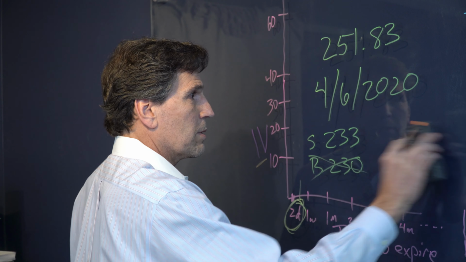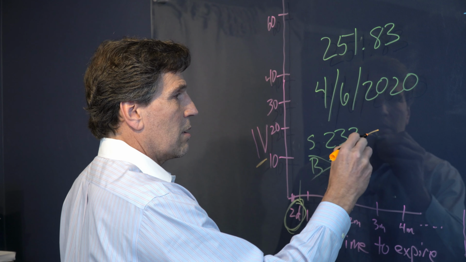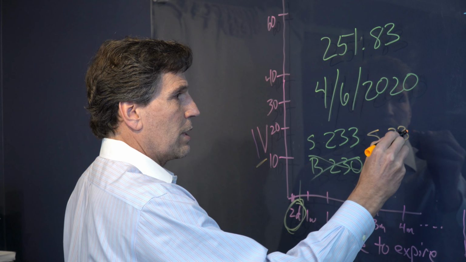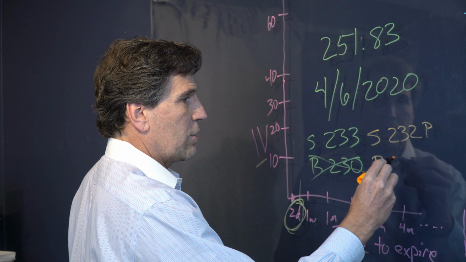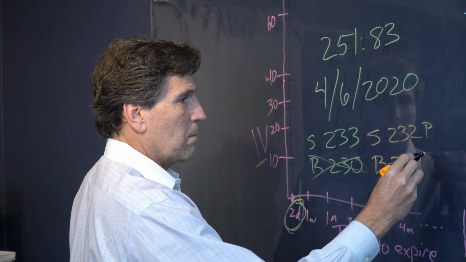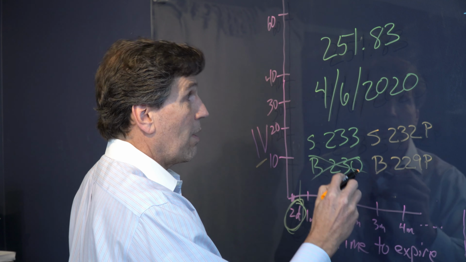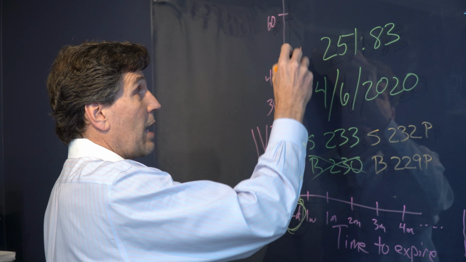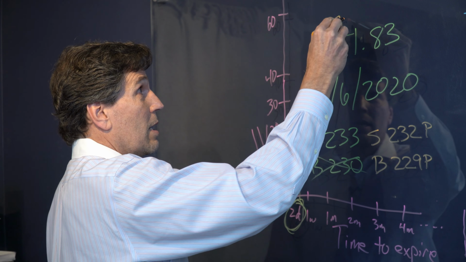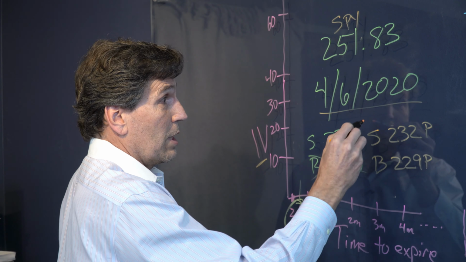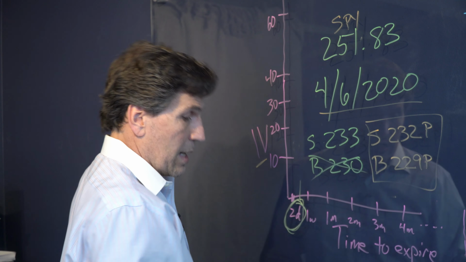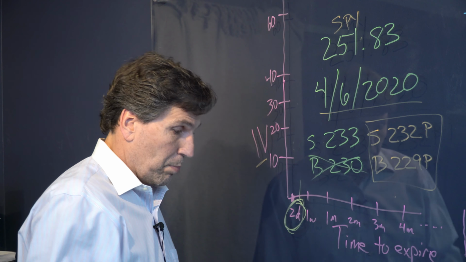I'll sell the 232 put, and I'll buy the 229 put. And so now I've got the asset is SPY, the expiration, I've got the strike prices. Now all I need is the right price.